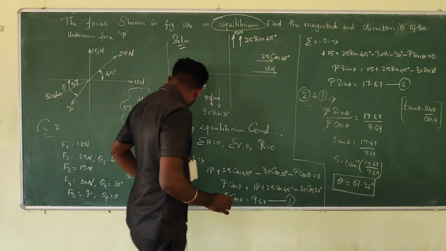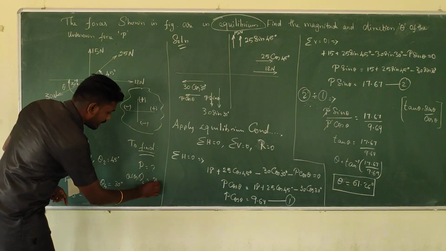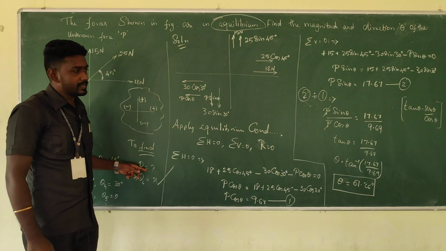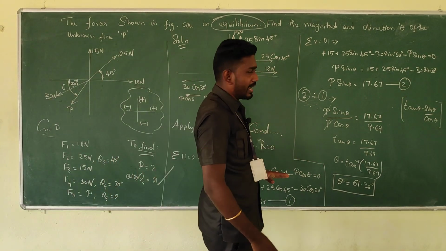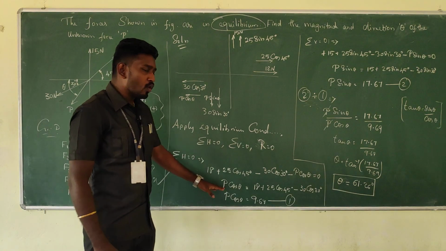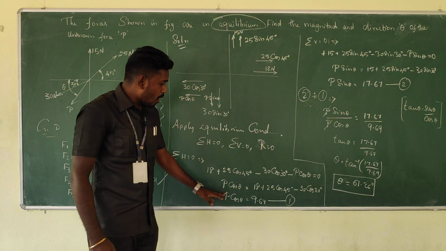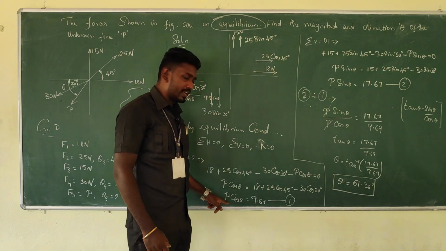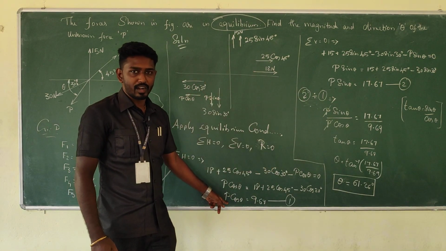Now the theta value has been found. What is remaining? P force, right? So now theta value is known. It is so easy. If you substitute into equation number 1 or equation number 2, you will be able to identify the value of the unknown force.